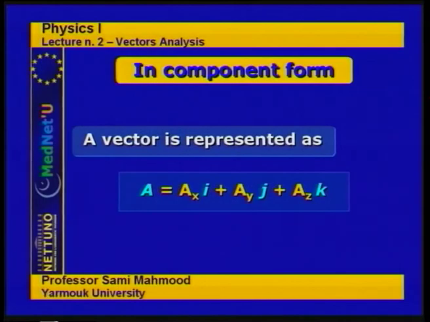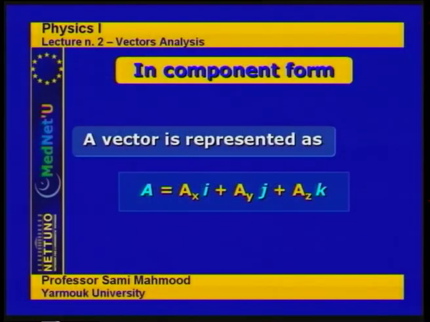Thus, in component form, a vector can be rewritten as, for example, vector A is written as Ax in the direction of x plus Ay in the direction of y plus Az in the direction of z. So on the screen we see this representation.